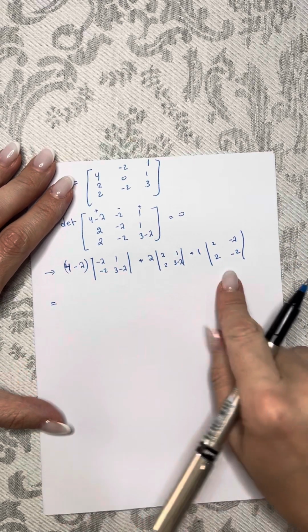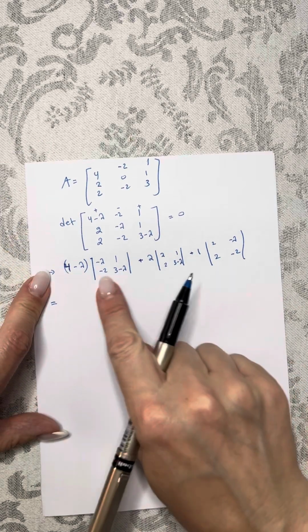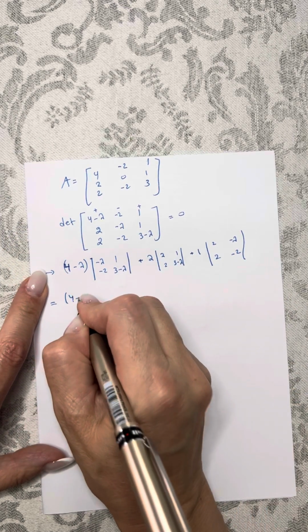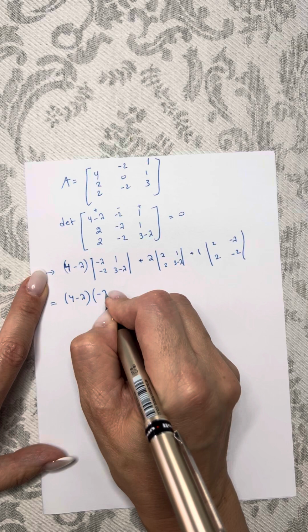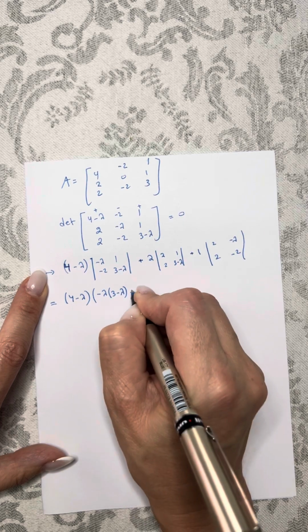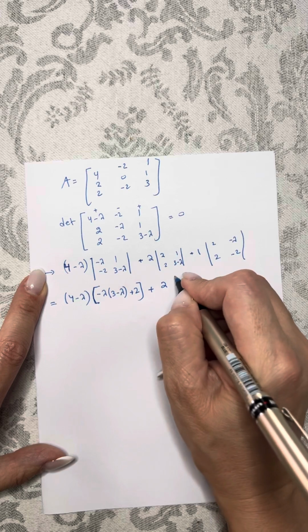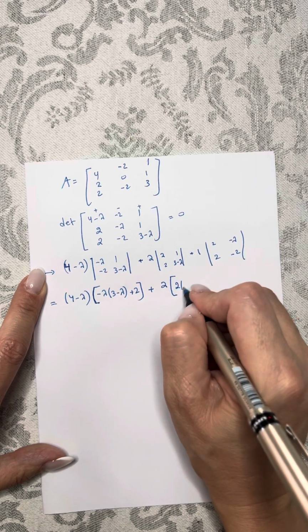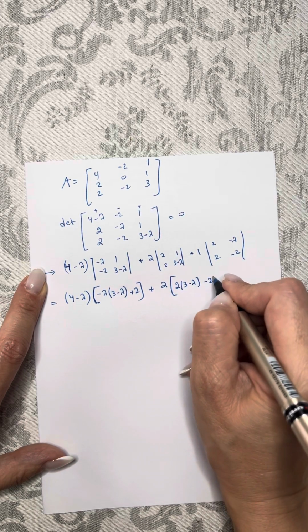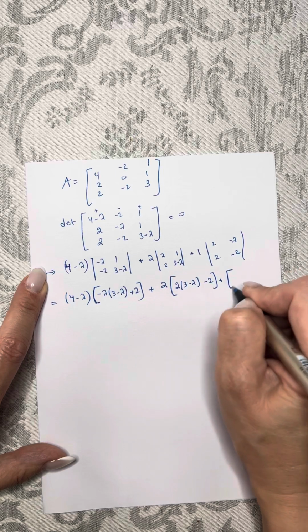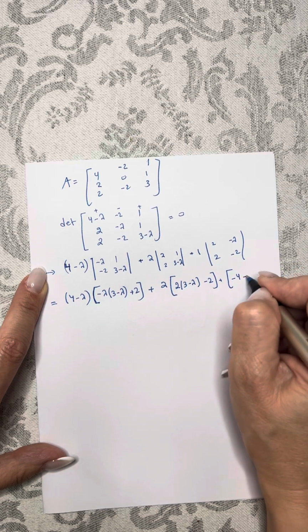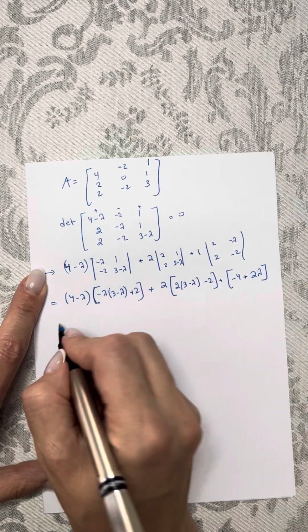So now it's not like the previous problem here. I have to multiply them all. So here 4 minus lambda, minus lambda, 3 minus lambda, plus 2. Put them in big brackets. That's first. 2 bracket 2 times 3 minus lambda minus 2 plus 1 big bracket minus 4 plus 2 lambda.